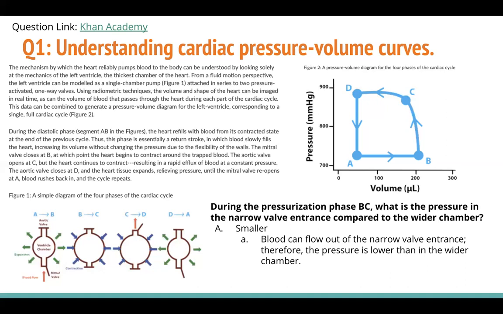This was Khan Academy's explanation. However, I think about this more in terms of the cross-sectional area of the valve entrance versus the wider part. So this is part of Bernoulli's principle.